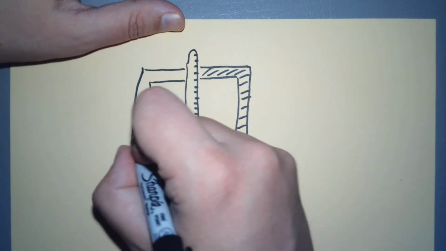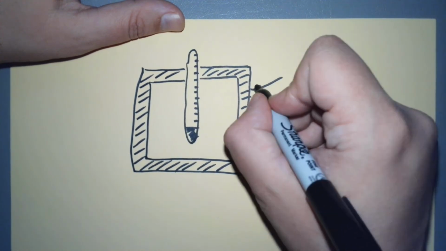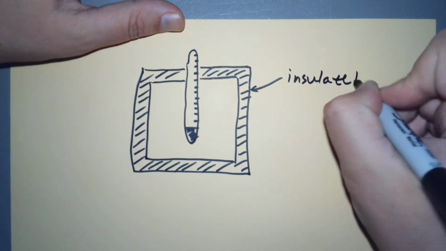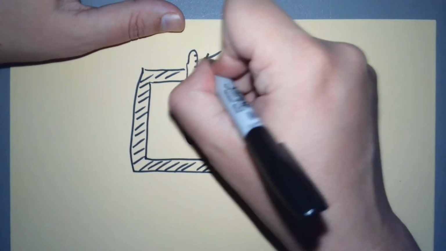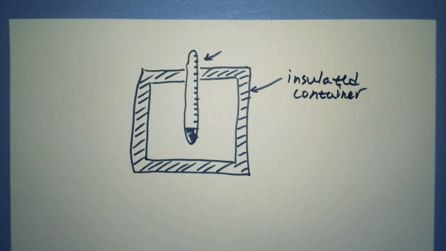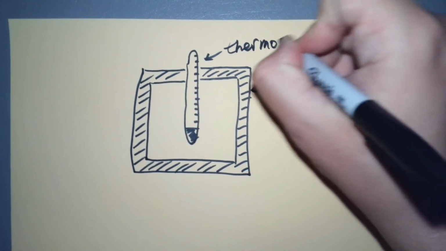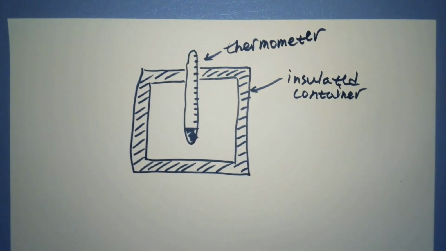That hashing and that shading. It's incredible. How you know it's insulation? Postmodern aeropointillism. Insulated container. There you go. How you know this is a thermometer? Because I'm going to put a big old arrow pointing at it, and then I'm going to write the word thermometer. That's how you know. That's how you know who you're dealing with, okay?